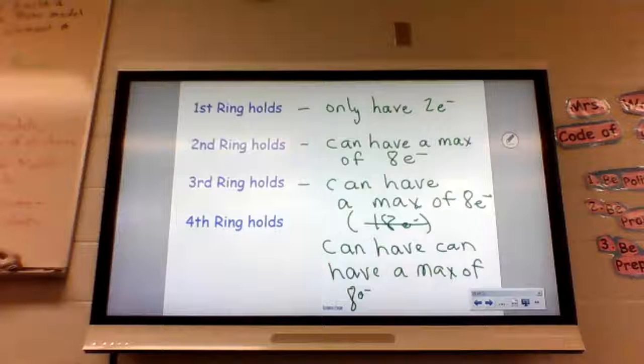Because your curriculum only wants you to go through calcium, be able to do elements 1 through 20. So no one in here will have an element greater than 20. They don't want you to be able to do a Bohr model greater than calcium. And I will not make you do greater than calcium.